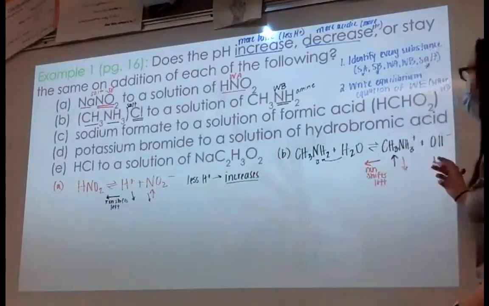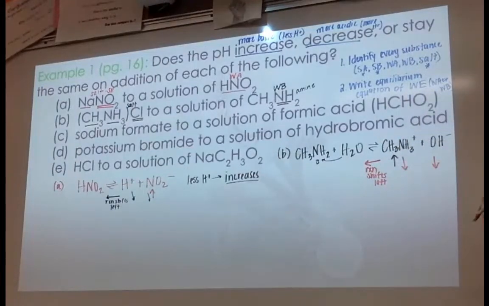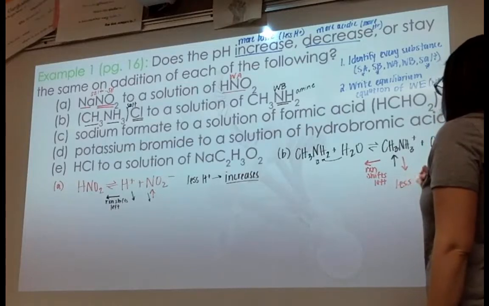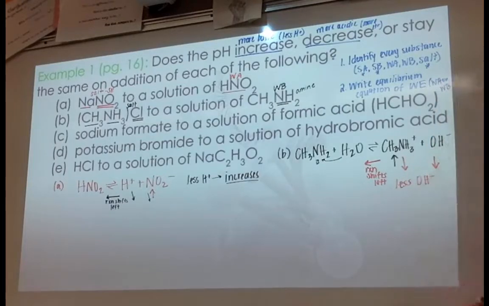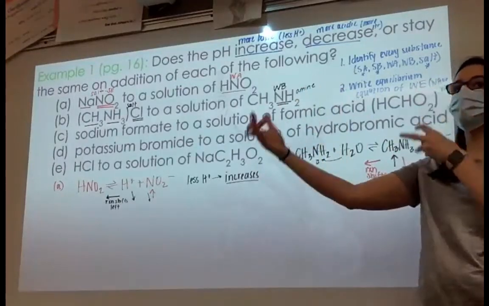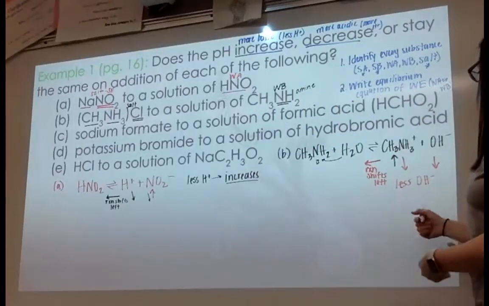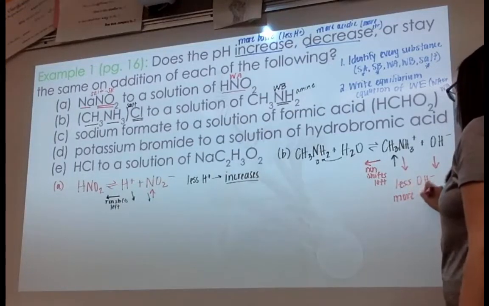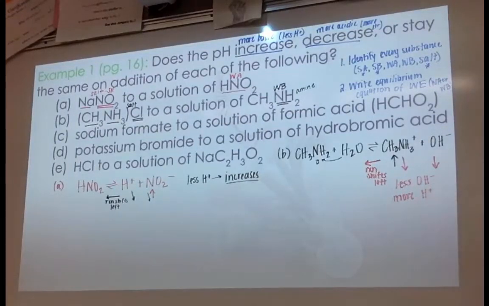So now we have to think about it a little bit differently because now we're thinking about it in terms of OH minus. So less OH minus. Think about it in terms of H plus. Remember, OH minus and H plus are inversely related because H plus times OH minus equals Kw. So less OH minus technically means more H plus.